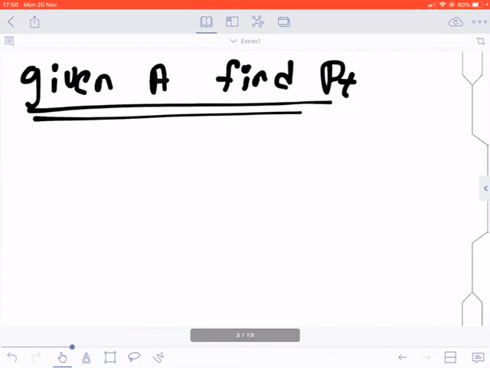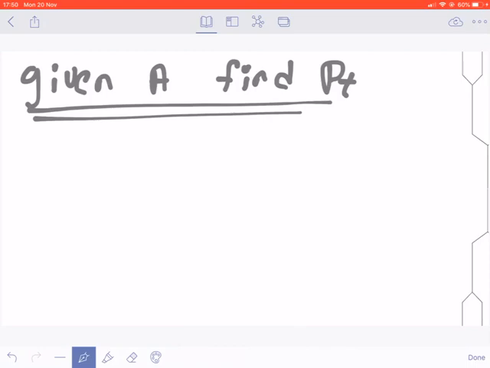We need to find P of T. The probability transition matrix can be found by computing e to the power of A times T, where T is time. This can be hard to find, because you are not just going to take the exponent of each entry. So you need to find a way in which you can deal with this.